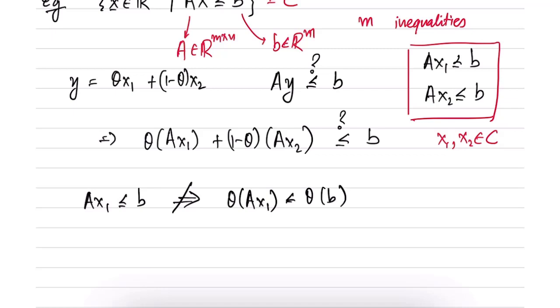So this is not true for arbitrary theta. It is of course true when theta is positive, but we are not allowed to choose theta. Remember, theta is a free parameter which could be any real number. And because theta is arbitrary, this inequality is not true for arbitrary theta.